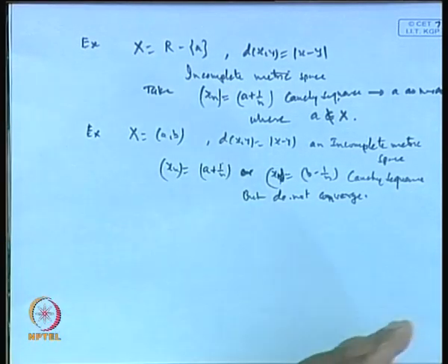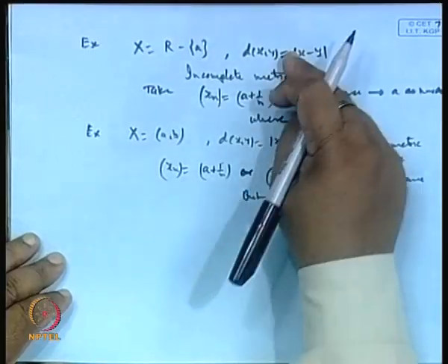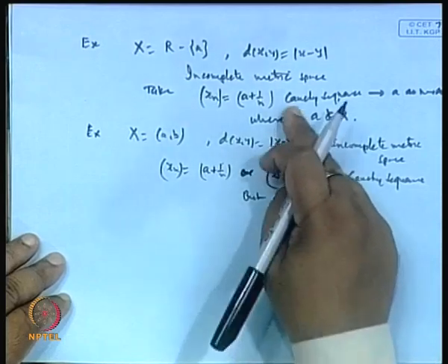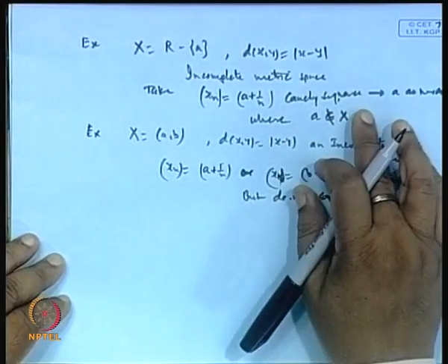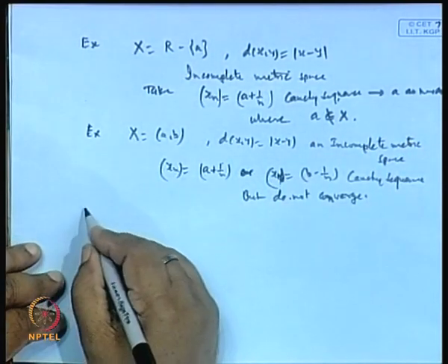Now, what is the relation between convergent sequences and Cauchy sequences? Every convergent sequence is a Cauchy sequence, that we will show, and a Cauchy sequence need not be convergent. We have already seen by many examples where the sequences are Cauchy but not convergent.